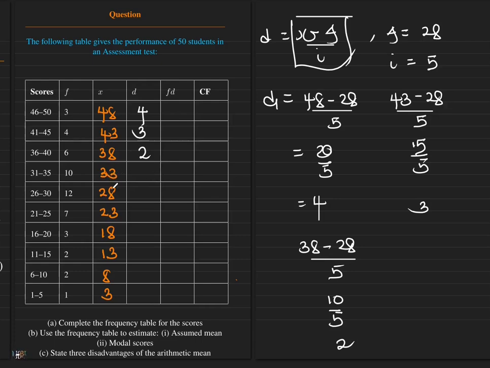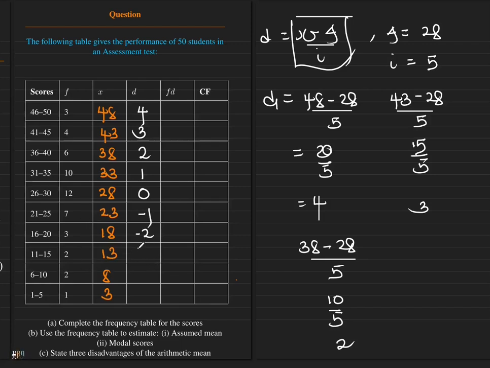33 minus 28 gives us 5. 5 over 5 gives us 1. 28 minus 28 gives us 0. 0 over 5 gives us 0. 23 minus 28 gives us negative 5. Negative 5 over 5 gives us negative 1. Then 18 minus 28 gives us negative 10. Negative 10 divided by 5 gives us negative 2. So 13 minus 28 gives us negative 15.